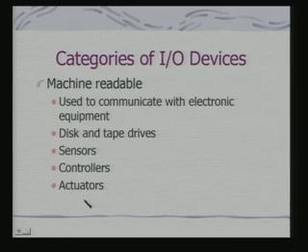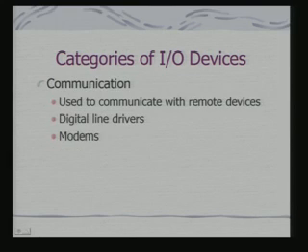There are machine readables: sensors, controllers, actuators, which are more common with embedded systems. Disk and tape drives are obviously not that common, but disks are also there in a variety of forms since the size is reducing and the storage is increasing. And then communication devices, which are primarily to communicate with a variety of things.